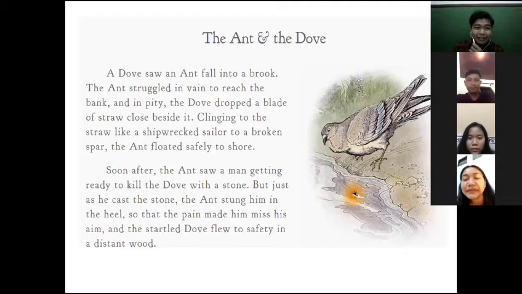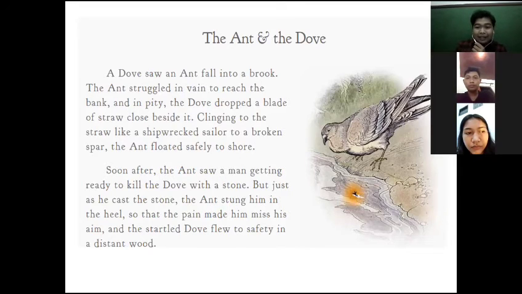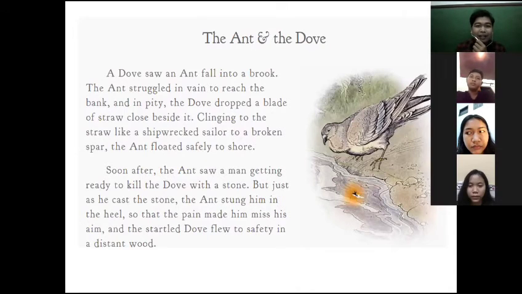You can read in the story that the ant fell into a brook, and then the dove helped the ant. After that, a hunter came to kill the dove, but the ant stung him on the heel, and that made the hunter feel pain, and the dove was saved. That's the point of the story.